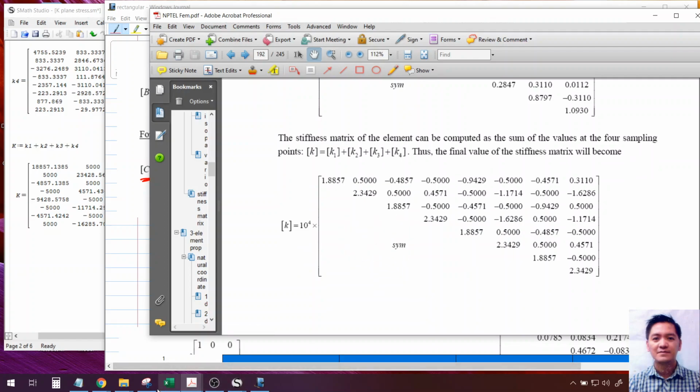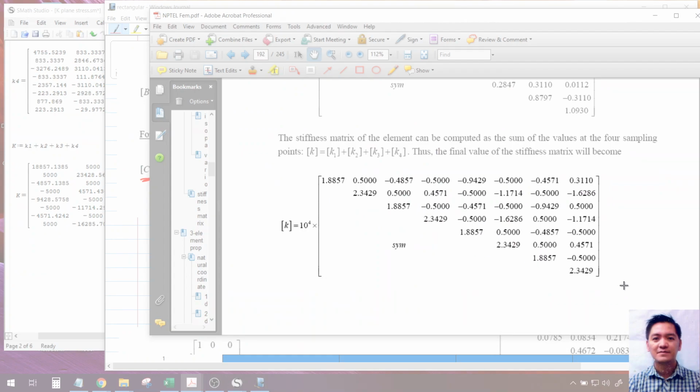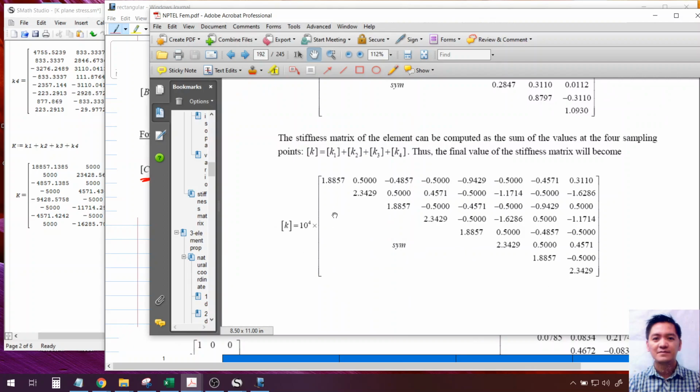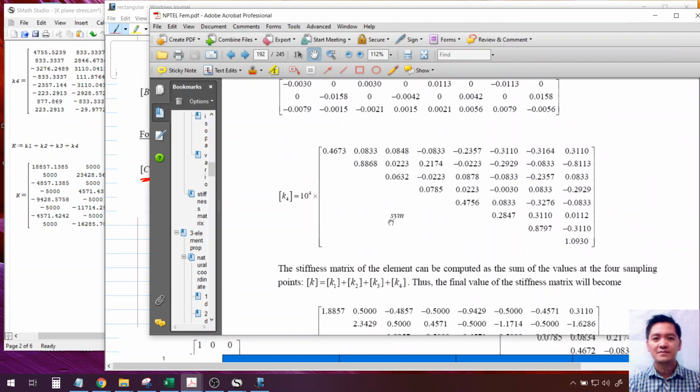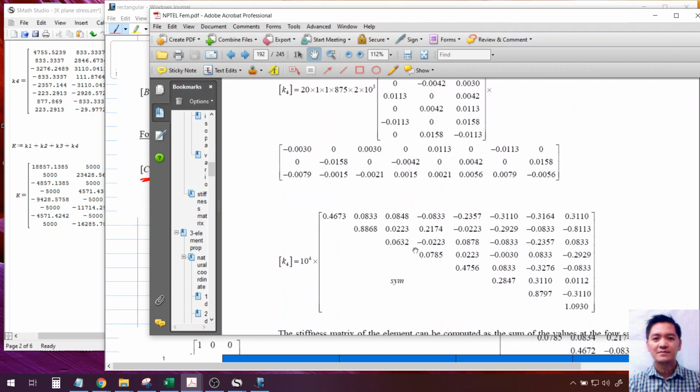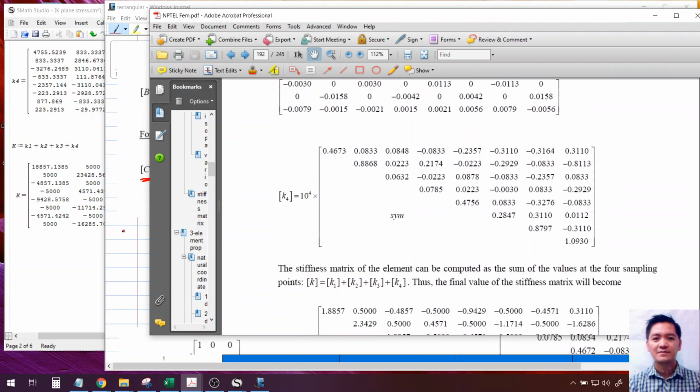Okay, that is your final K. Take note, ang babaguhin mo lang naman sa ating methods for K4 yan, yung value ng C and eta. Okay, that's it. Yun lang.